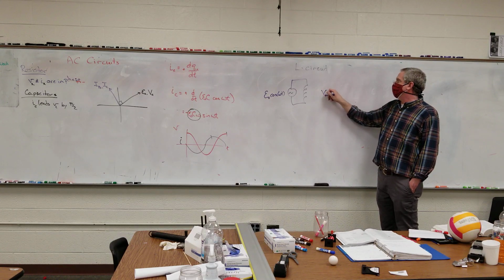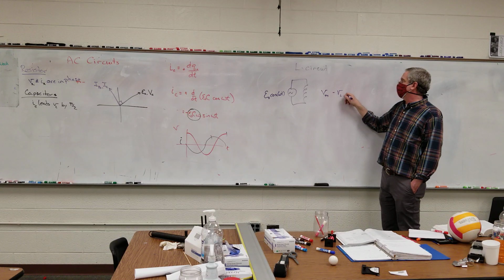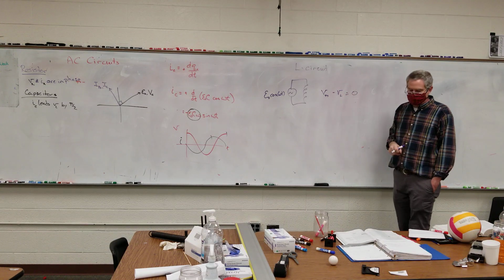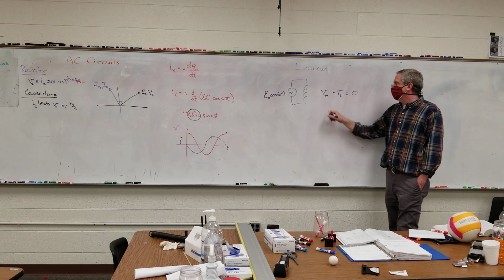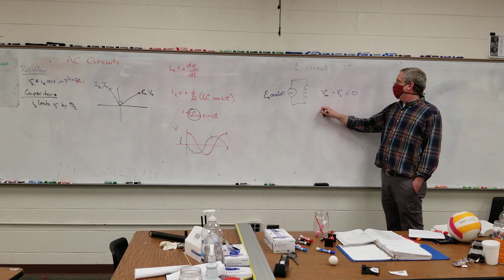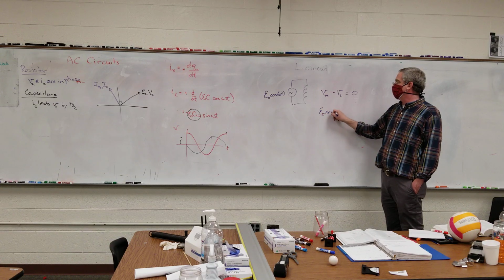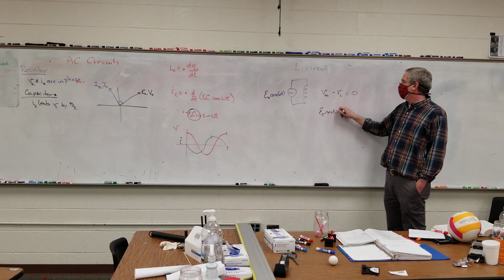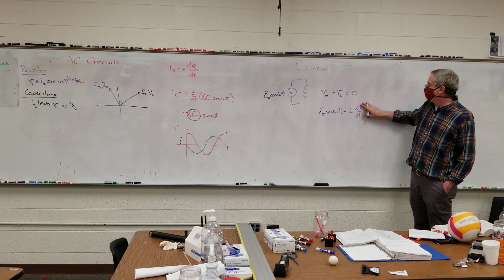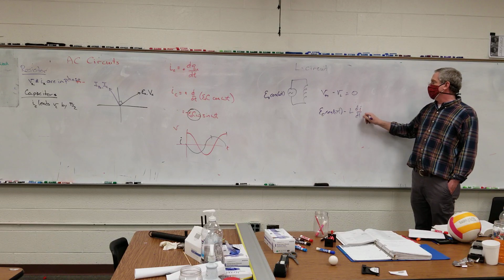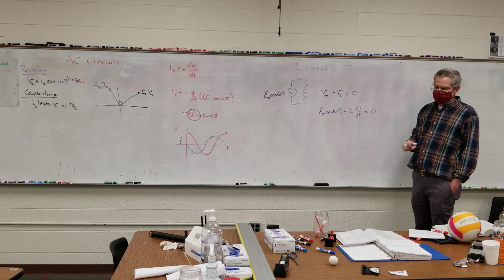V sub power supply minus V sub L is equal to 0. And so we get epsilon sub naught cosine omega t minus L dI/dt, lowercase i, is equal to 0.